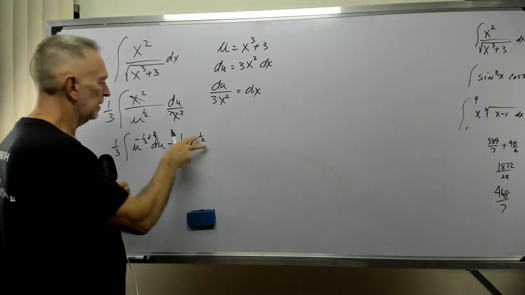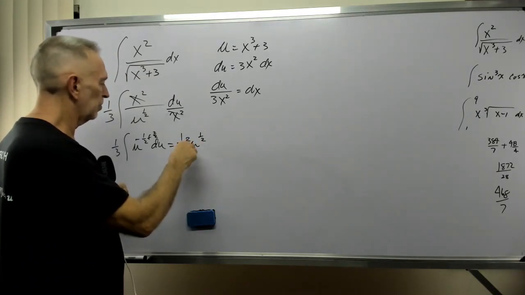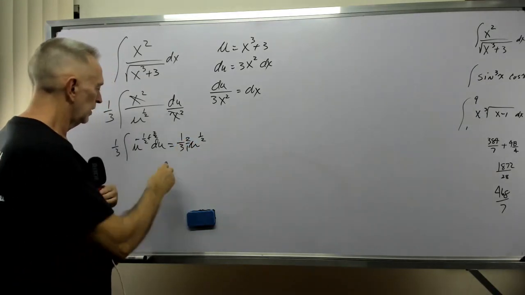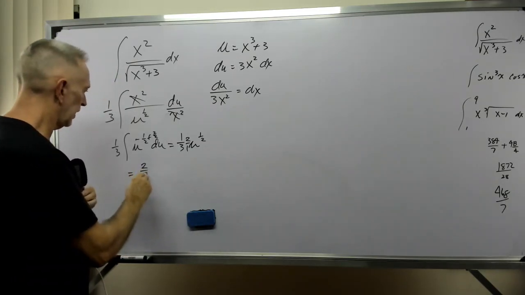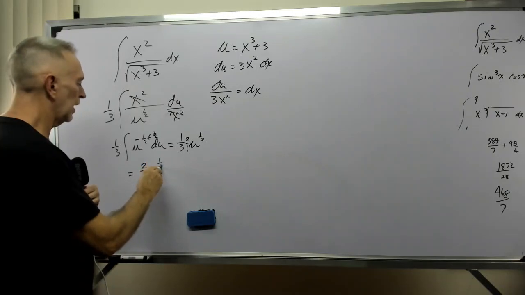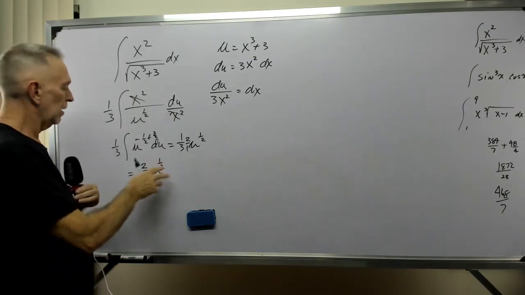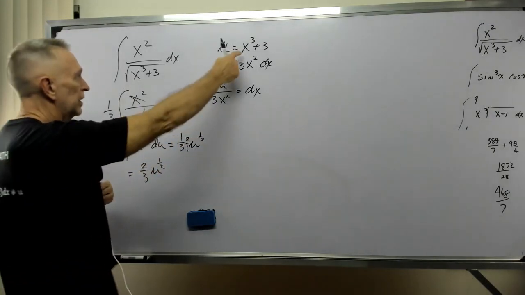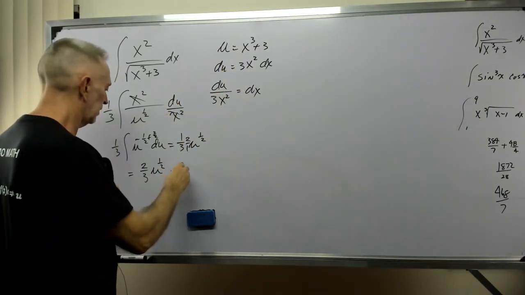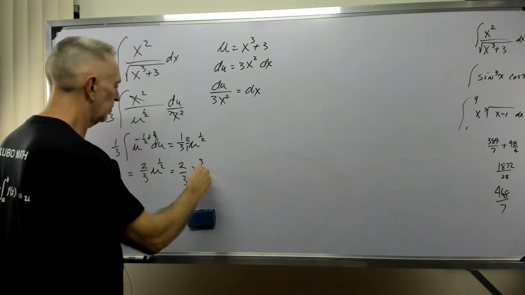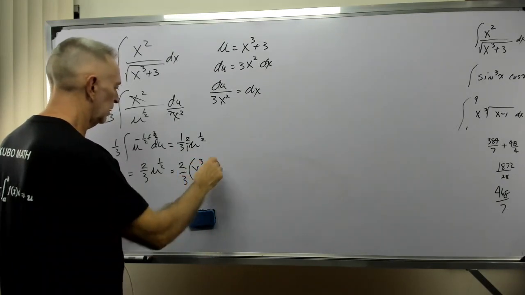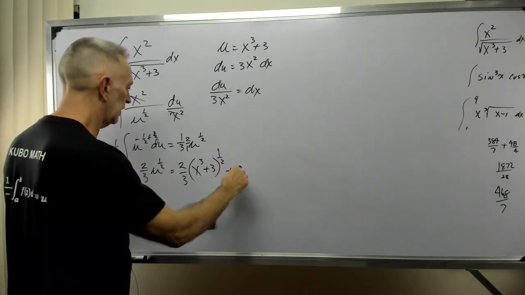Divide by 1/2 means the same as multiplying by 2 over 1. So I end up with 2 over 3 u to the 1/2. Now we're in the u world. Let's go back to the x world. So that equals 2/3 x cubed plus 3 to the 1/2 plus c.